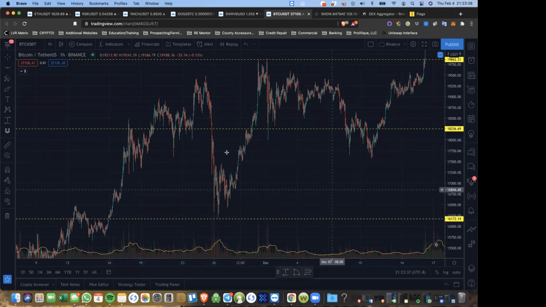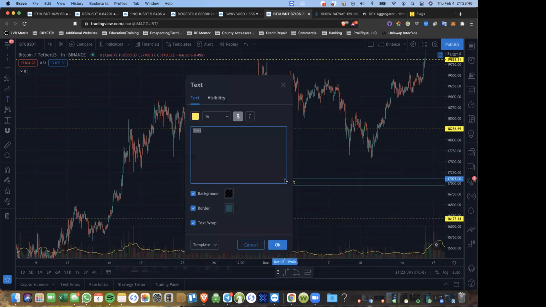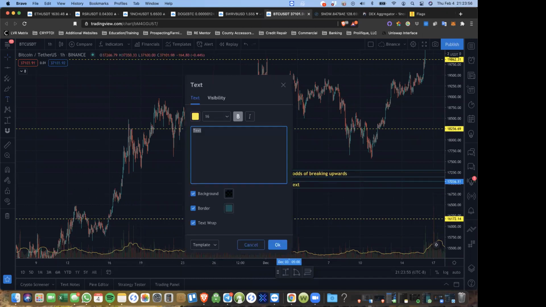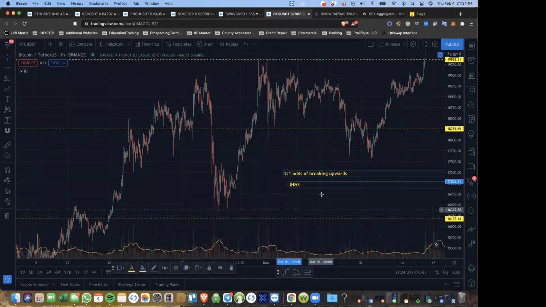They got 2 to 1 odds of breaking upwards. And this is inverse head and shoulders. IHS, yeah, we'll do that. I don't want to type all that out.